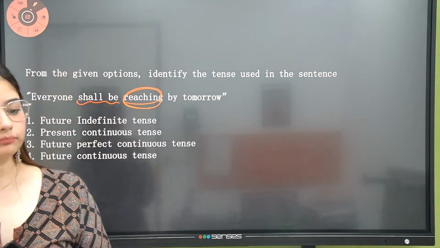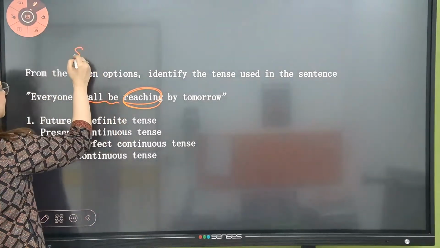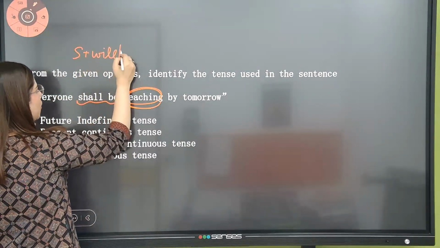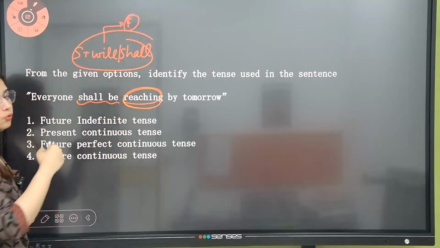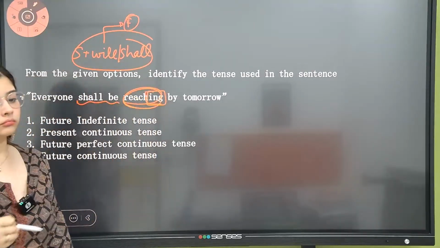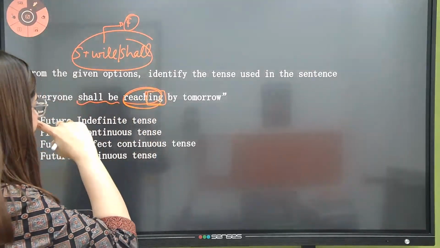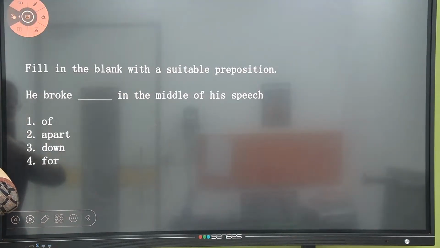Subject plus will or shall would obviously point towards future tense, and ing, continuous, so future continuous tense.